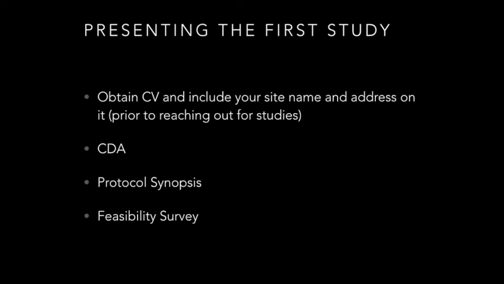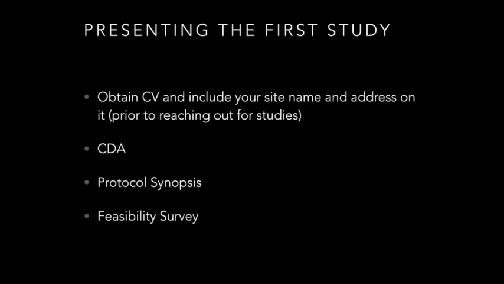The next thing they're going to give us is a protocol synopsis, a shortened version of the protocol. Protocols are usually 150 pages, more or less. A protocol synopsis is anywhere from 12 to 25 pages, like a Cliff Notes version of the protocol. The sponsors give you these so you and the PI can determine whether you want to participate, whether you can enroll a decent amount of patients, what your screen failure rate is anticipated to be, and what your enrollment rate is anticipated to be.